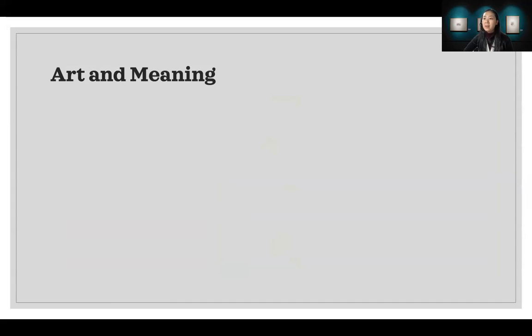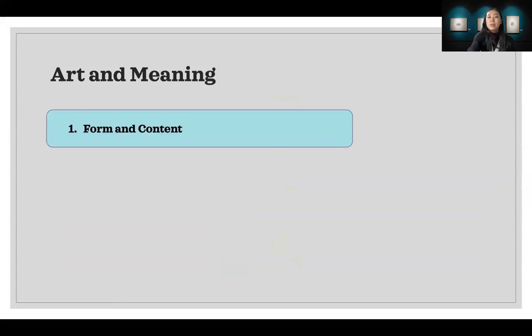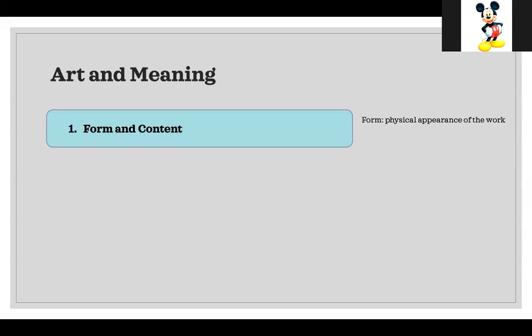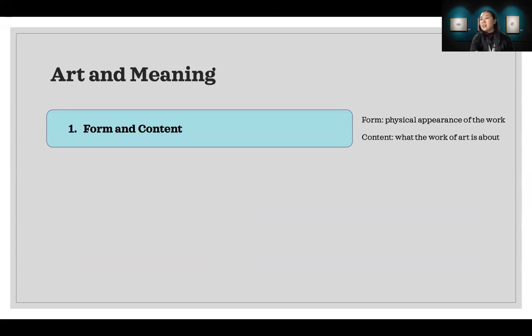For the first thing, you can find the meaning of art through form and content. Form is the physical appearance of the work and everything the eye registers about it, such as colors, shapes, and internal organization. And content is what the work of art is about.